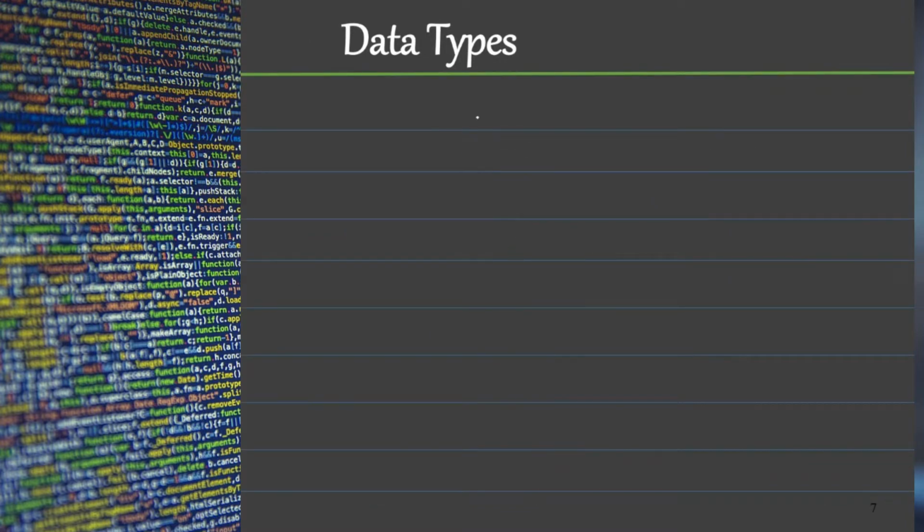I hope you have understood the data types. There are two ways: primitive and reference type. One thing I said is that a variable holds any kind of data. For example, a variable named X might hold an integer or a character. That is one way to understand a data type.